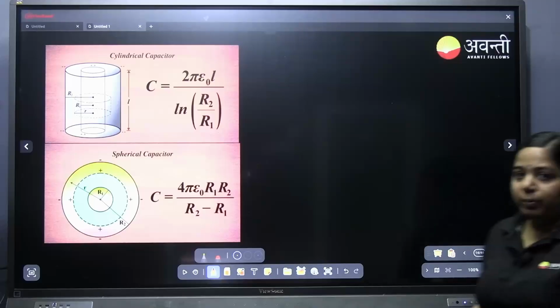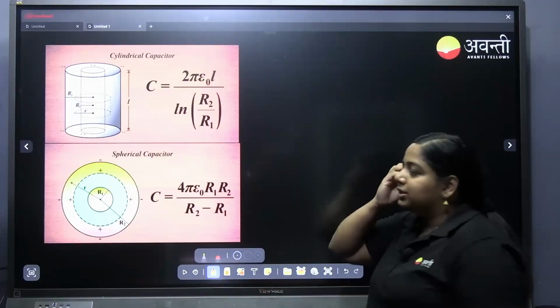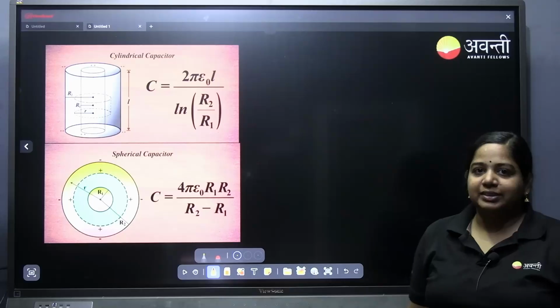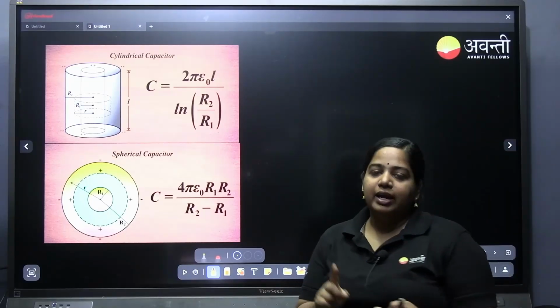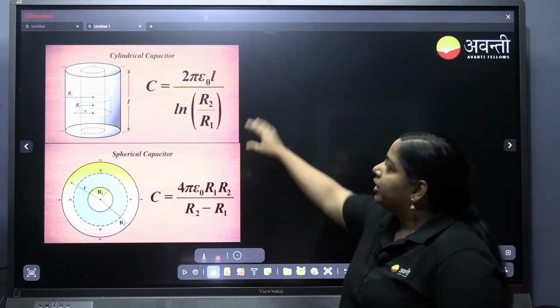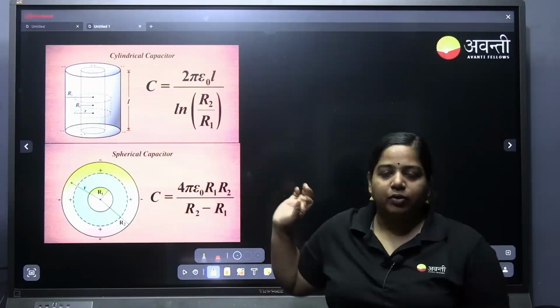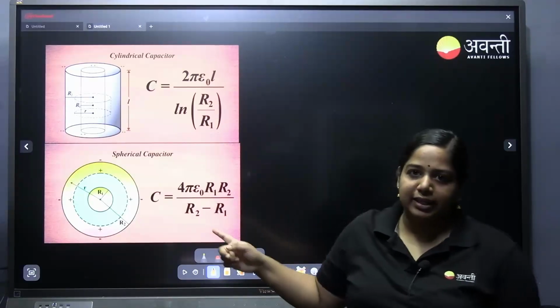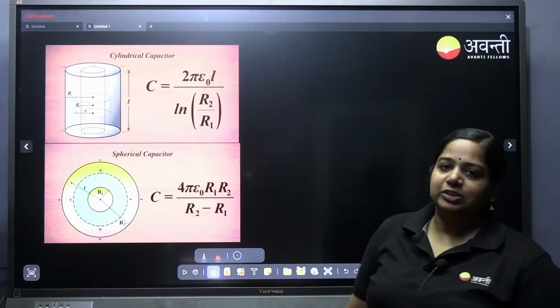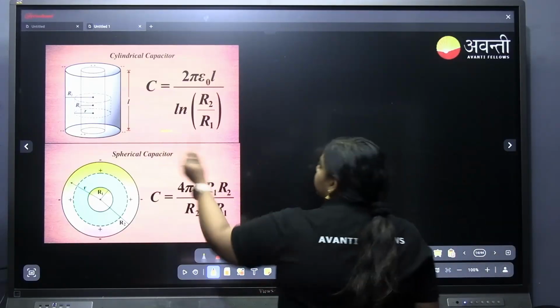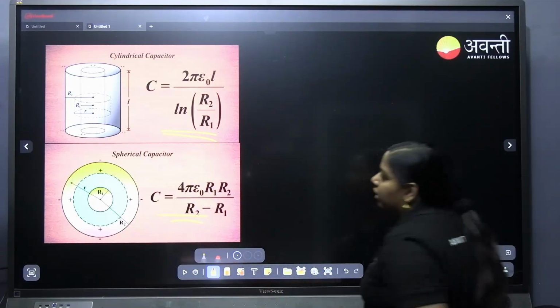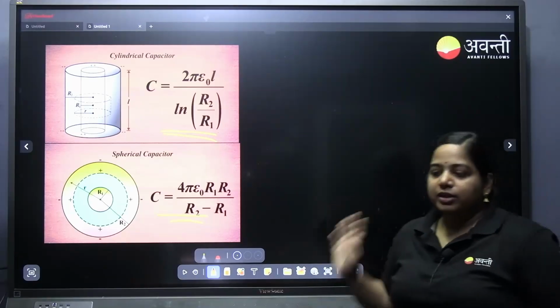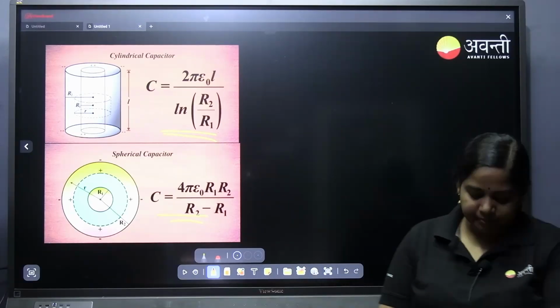So that is the combination of parallel plates. Now this is some other type of capacitors, that is cylindrical capacitor and spherical capacitor. You only have to know this formula: what will be the capacitance of the cylindrical one, what will be the capacitance of the spherical one. Direct formula only you need. So if you know that, we can start the problems.